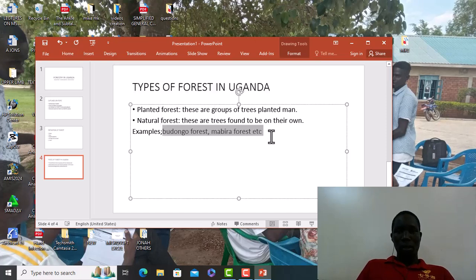These are the types of forests they have. We have the planted. I gave the example of planted as being a bear forest.